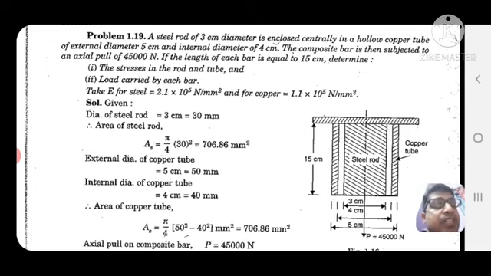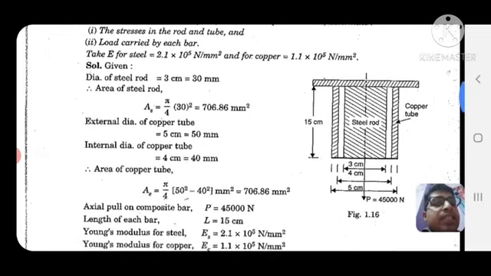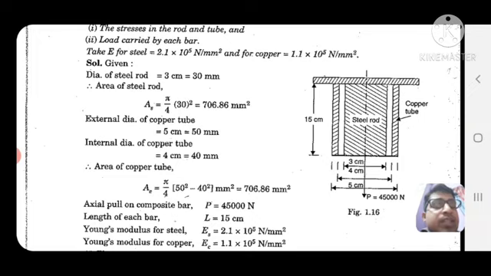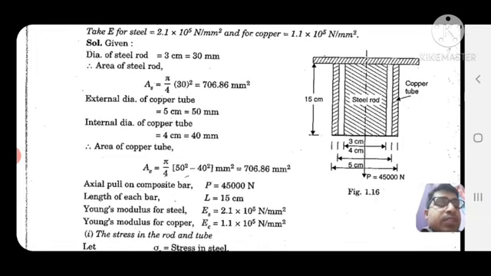If the length of each bar is equal to 15 cm, determine the stresses in the rod and the tube, and the load carried by each bar. E for steel is equal to 2.1 into 10 to the power 5 Newton per millimeter square. For copper, 1.1 into 10 to the power 5 Newton per millimeter square.